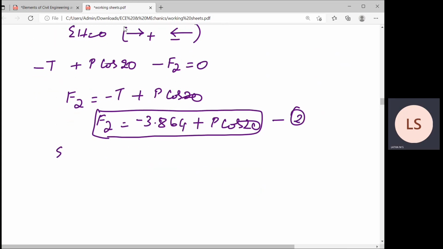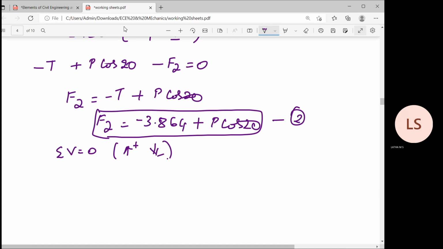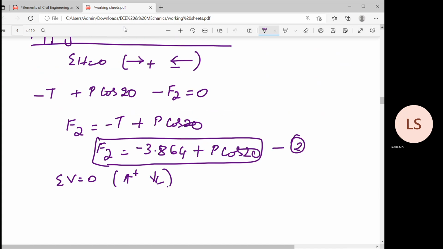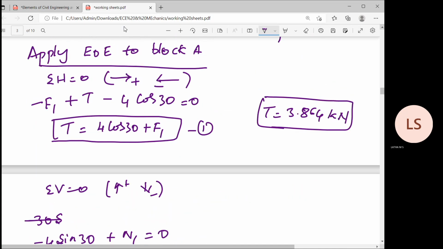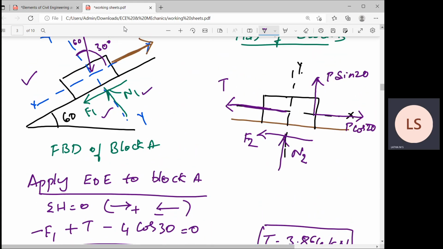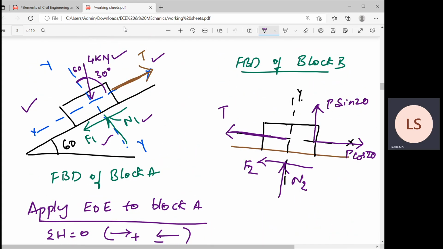Then I'll go with the next equation, sigma V is equal to 0, upward positive and downward negative, right? Here I forgot to take the load of the block, that is how much it is, 2.5.